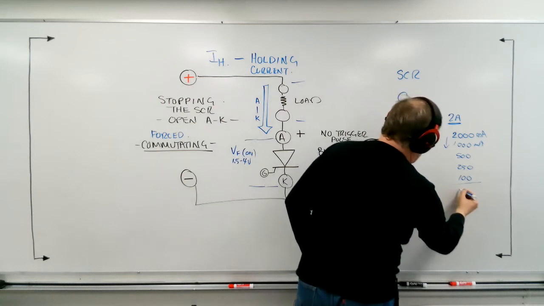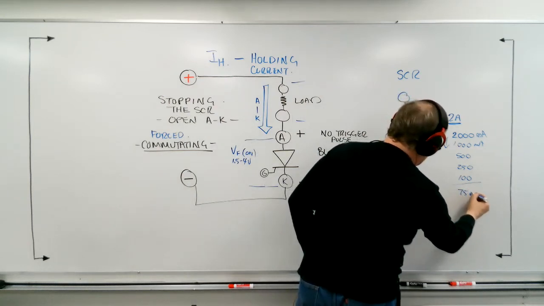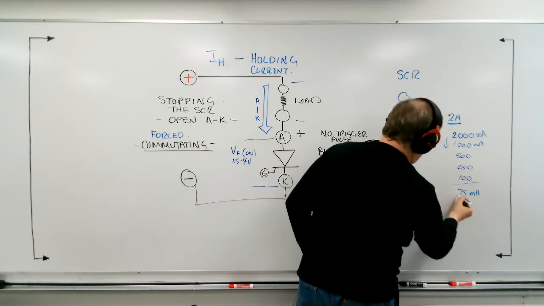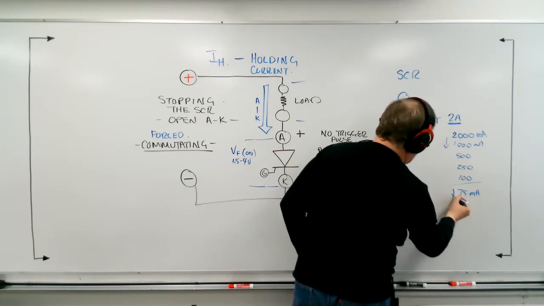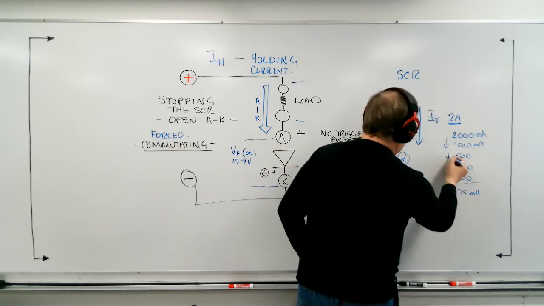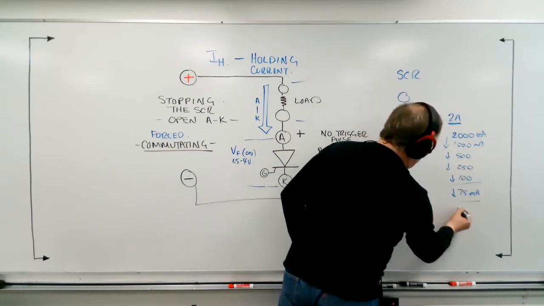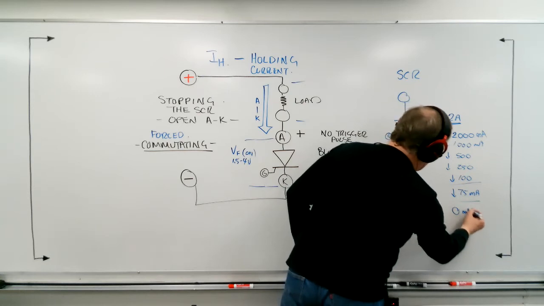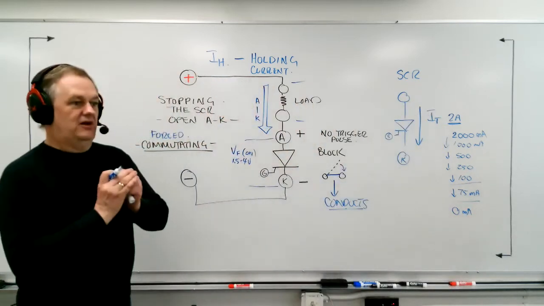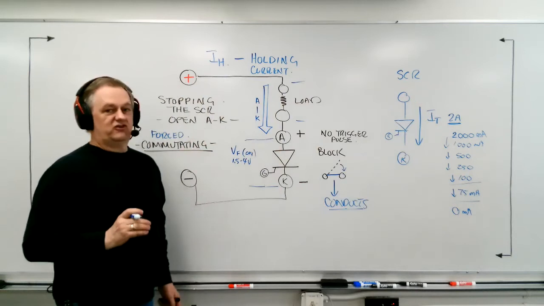So when we get down to 75 milliamps, the current all of a sudden goes like this. It's going down, down, down. As soon as we get to 75 milliamps, all of a sudden, bang, it goes straight to 0 milliamps. So the SCR shuts off, the junction opens, and the current stops.